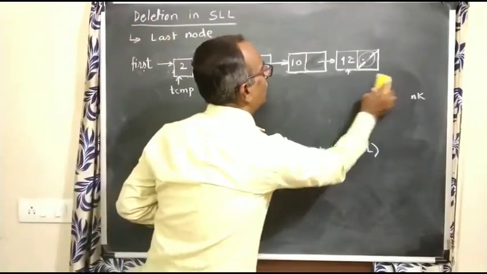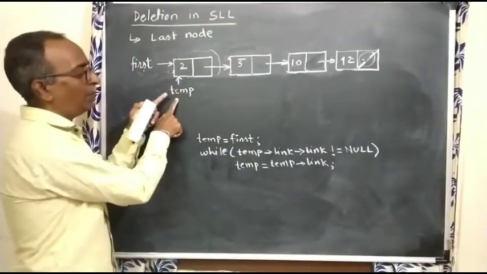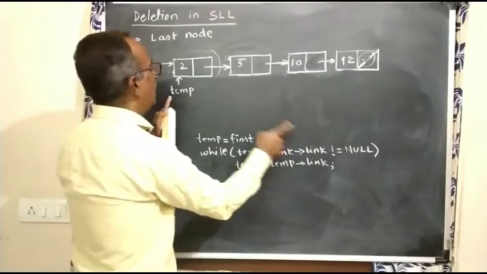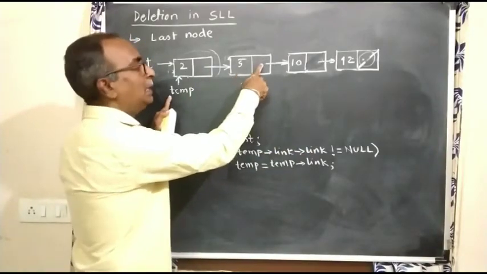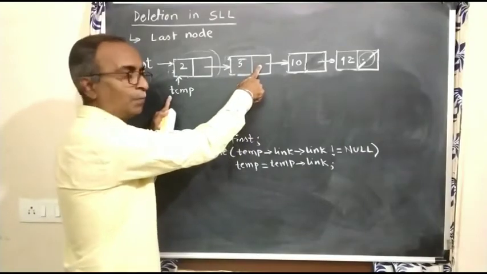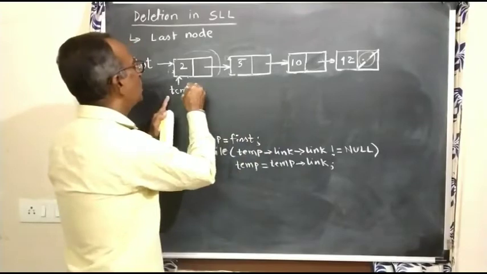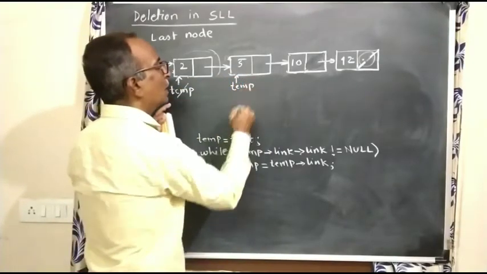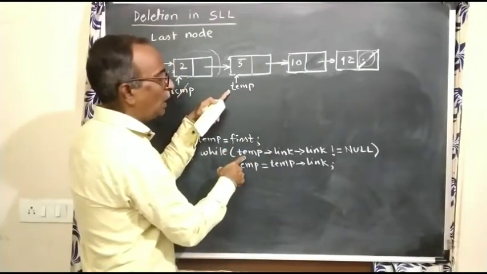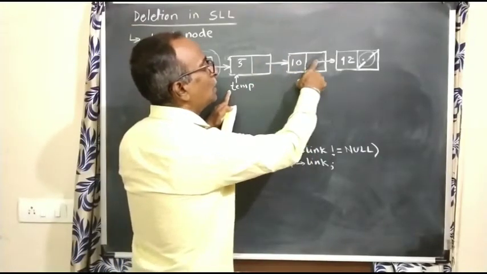What will happen? See, you have nodes. First is pointing to temp, yes. Temp's link's link. Temp link pointing to this node. Its link field. Is it null? No. When not null, this is true. Temp is moved. Temp will point here. Then again it will come to the while loop. Temp's link's link. This node's link field.